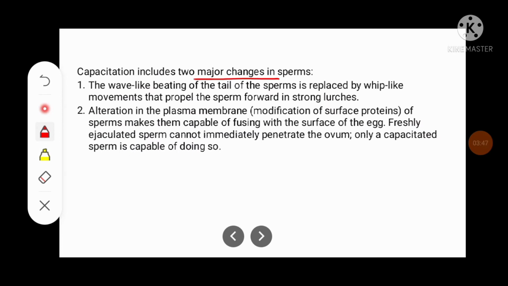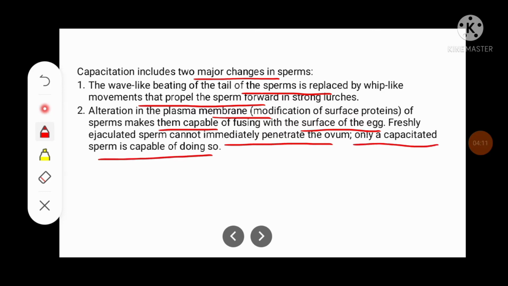The wave-like beating of the tail of the sperm is replaced by whip-like movements that propel the sperm forward in strong lurches. Alteration in the plasma membrane, that is modification of the surface proteins of the sperm, makes them capable of fusing with the surface of the egg. Freshly ejaculated sperm cannot immediately penetrate the ovum. Only capacitated sperm is capable of doing so.